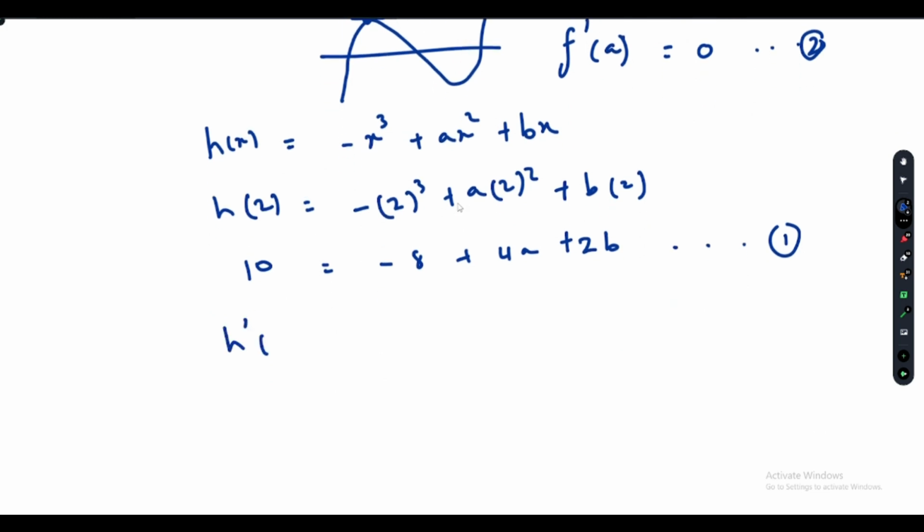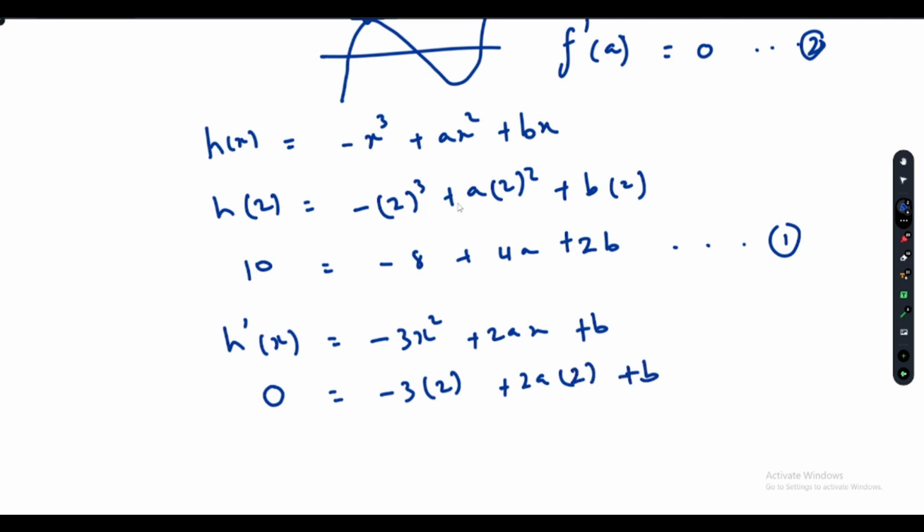Now to get equation 2, we're going to need the derivative. So h prime of x is equal to minus 3x squared plus 2ax plus b. Here, this would be equal to 0 when x is equal to 2, because the gradient is 0 at the turning point where x is equal to 2.